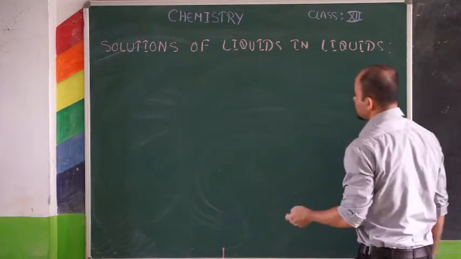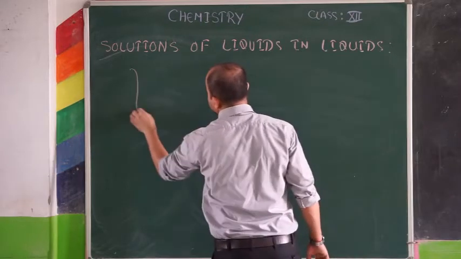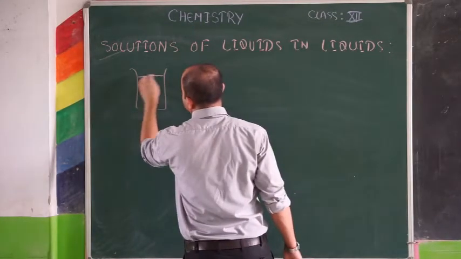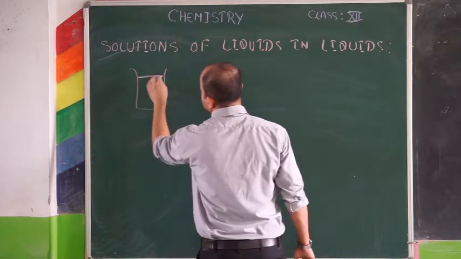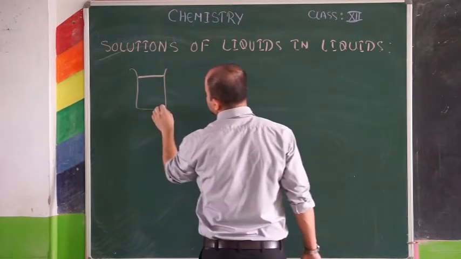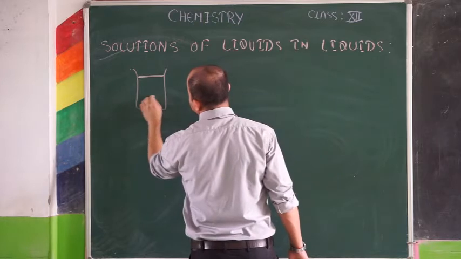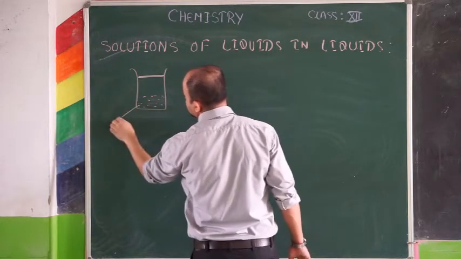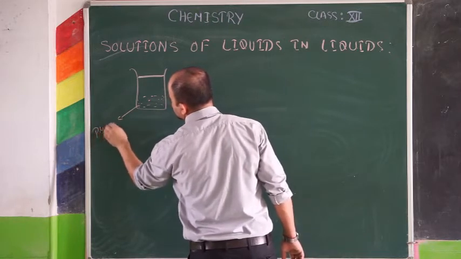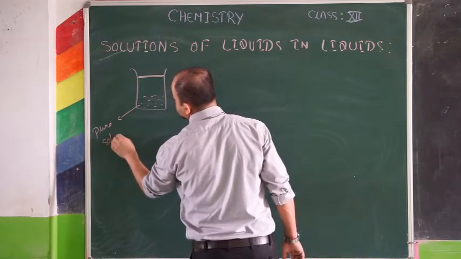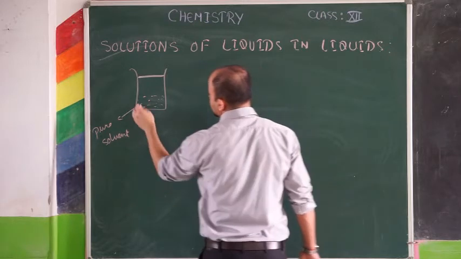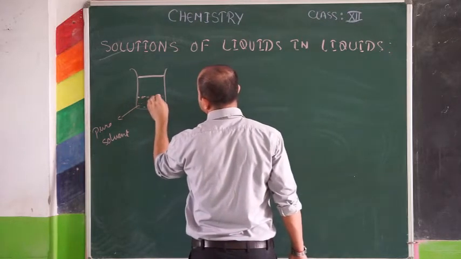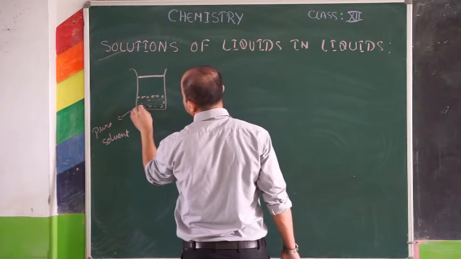Now, suppose you have two containers. Let's discuss the first container. Suppose this container is closed. Here you have a liquid, only pure solvent is present. Now these solvent molecules will be occupying the surface, not only the surface, everywhere. Yes or no?